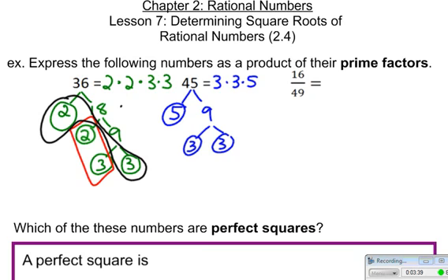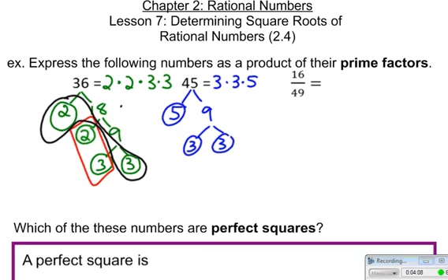If you notice, we're writing them in increasing order, and we cannot make 2 equal groups of factors. I could make one group of 3 times 5, but then there's a 3 left over. Or I could make one group of 3 times 3, and then there's a 5 left over. So we can't make 2 equal groups. It's not going to work. So 45 is not a perfect square.